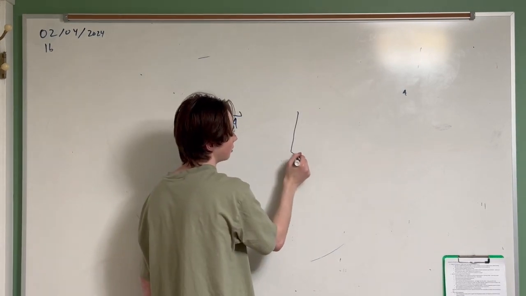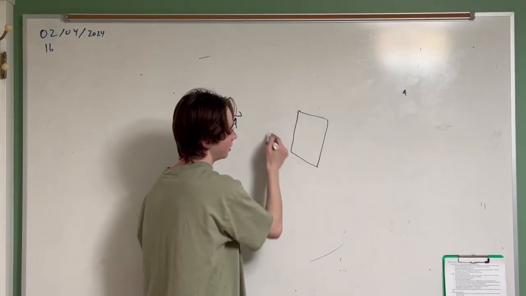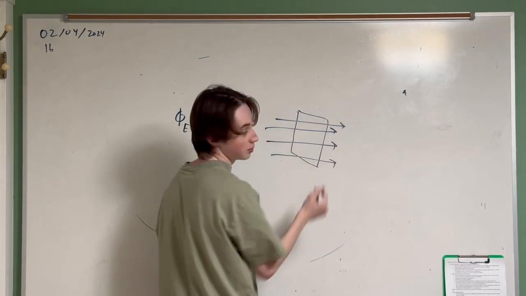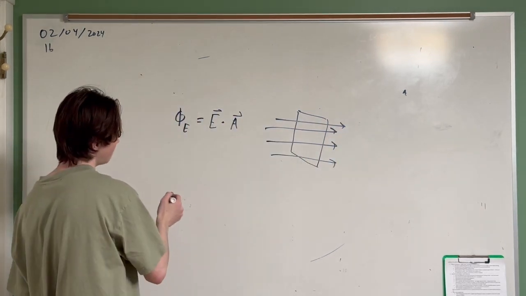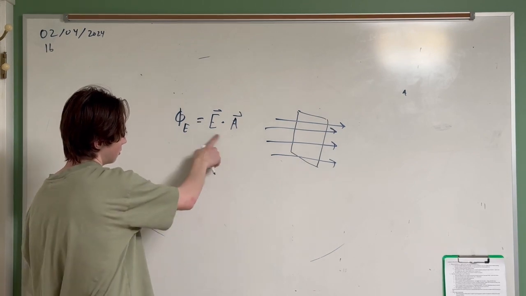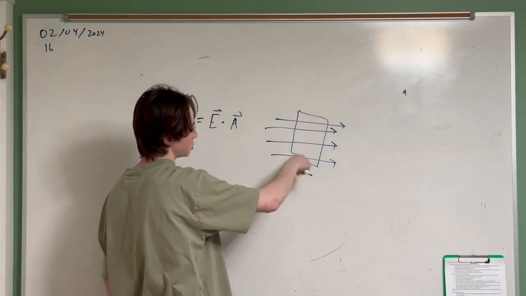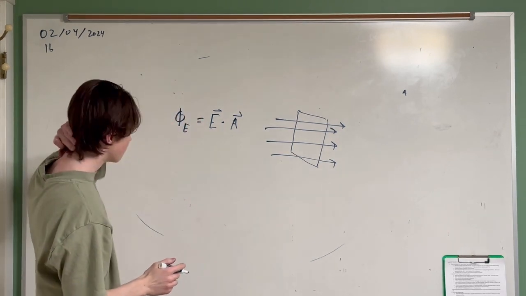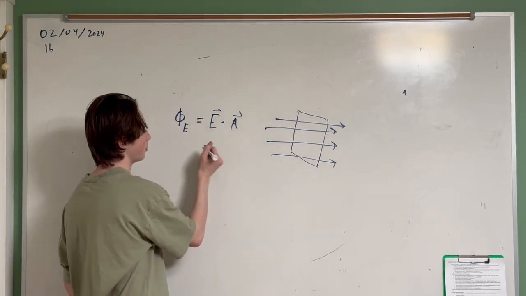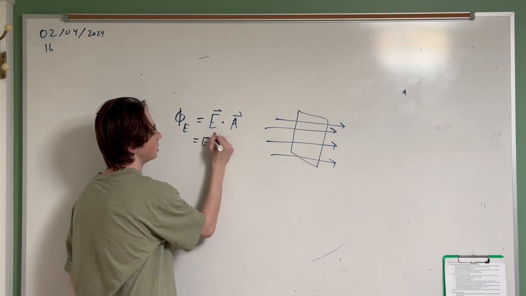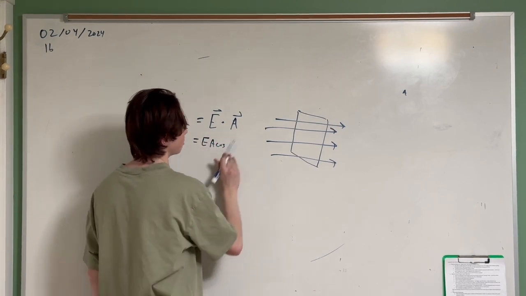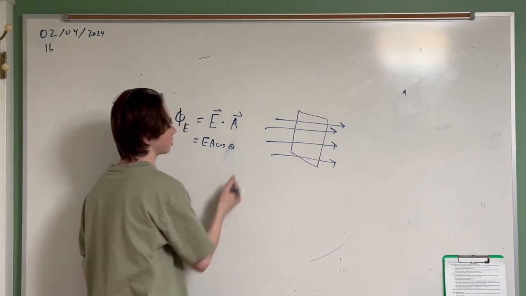If we have a little area bit and a bunch of electric field lines moving through this little area bit, then we could use this to determine how much electric field is flowing through this area. It's important to remember that the dot product is also just equal to EA cosine theta, which makes this a lot easier because we're not actually doing vector calculus right now, luckily.